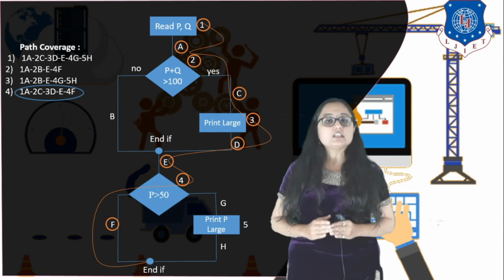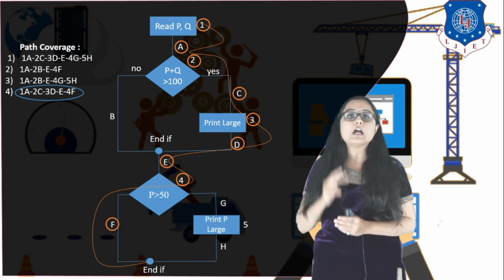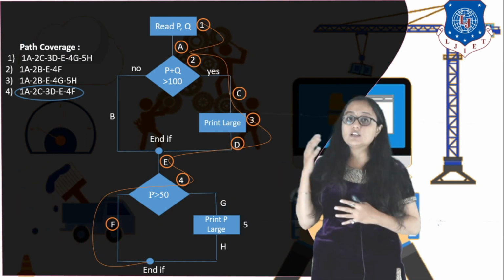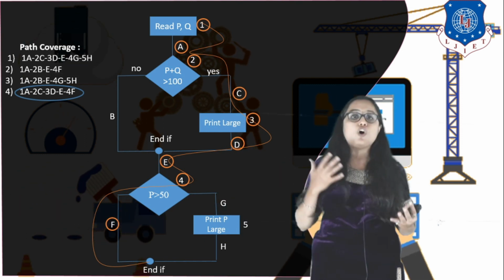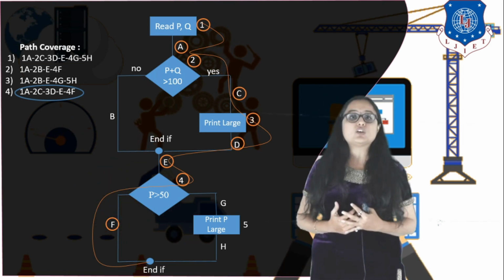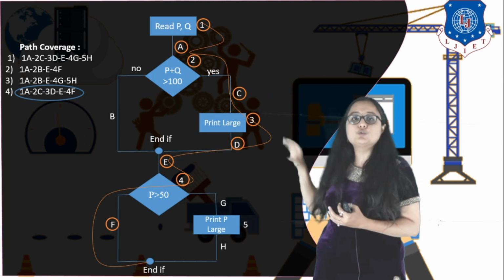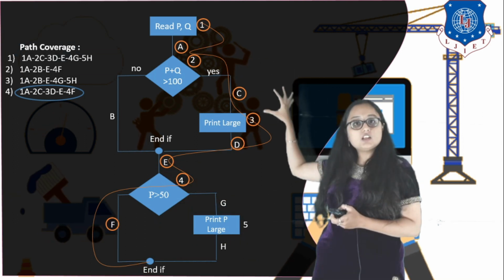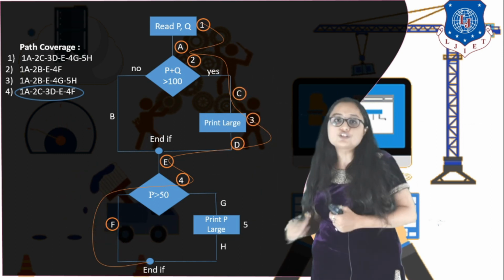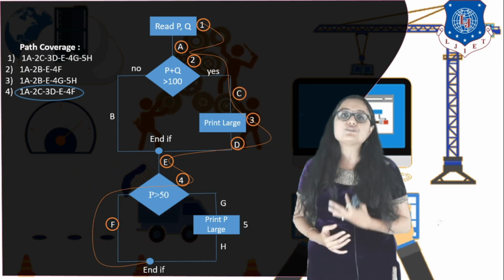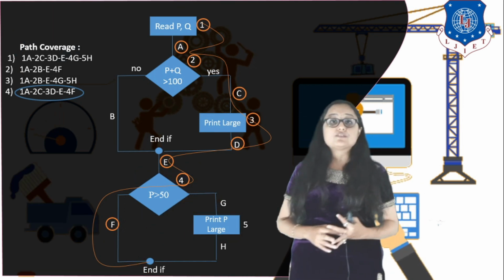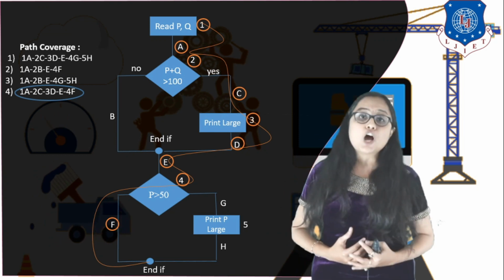Now you have studied three types of coverage: statement coverage, branch coverage, and path coverage. After finding all the independent paths in all the coverages, what you need to do is perform white box testing on all these paths. You have to enter test cases such that these individual paths are traversed during the execution of your code, and you have to see whether that particular path gives the required output or not, right?